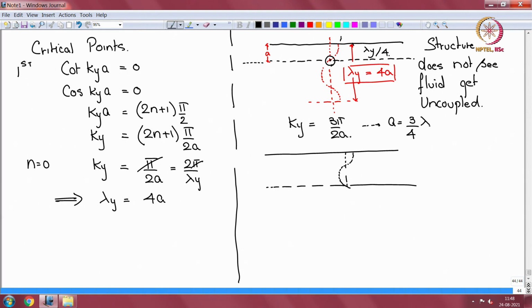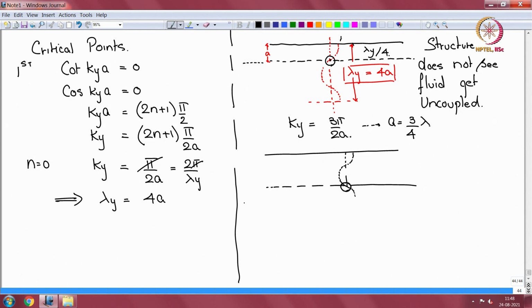Then you will have the full wavelength. This is a, which is 3/4 of lambda, and so forth. So every time you have a 0 pressure at the flexible plate surface, the plate does not see the fluid and a crossover occurs. Okay, so this is one critical point.